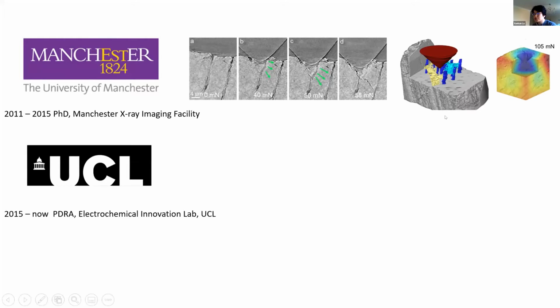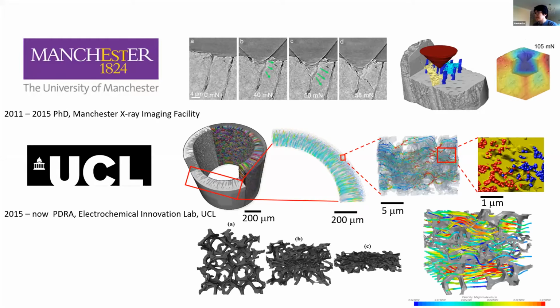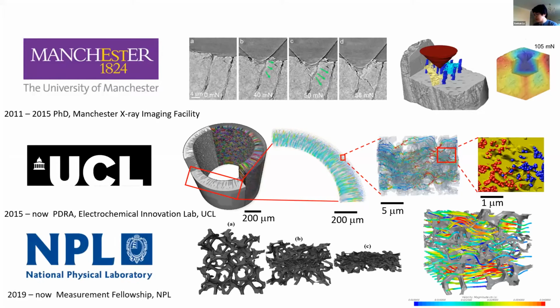Then I joined UCL after I got my PhD and started to use image-based modeling since then to understand and design the hierarchically structured porous material to enhance mass transport in the solid acid fuel cells and also in the skeleton scaffold. Then I got the measurement fellowship in MPL. Since last year, I have been working part-time at the UCL and part-time at MPL.